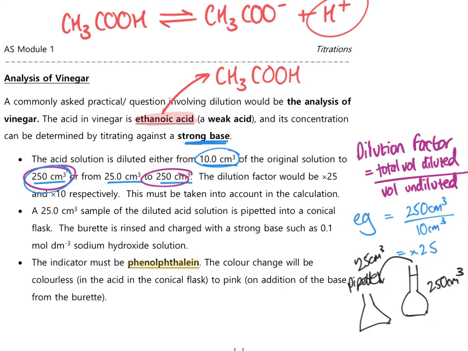So we can also predict the colour change: if our acid is in the conical flask, phenolphthalein will be colourless to start with, and then change to pink on the addition of our base. Colourless because phenolphthalein is colourless in acid, and pink because we're adding base, and phenolphthalein is pink in alkali solution.